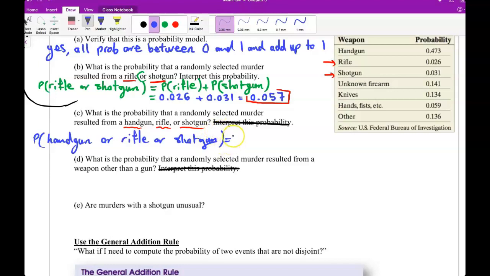So that is equal to, you don't need to write all these, you can directly write what the probability is for each one.